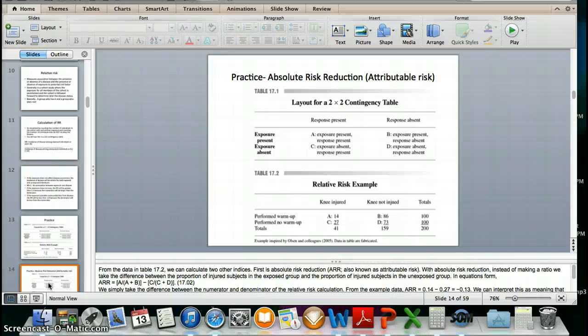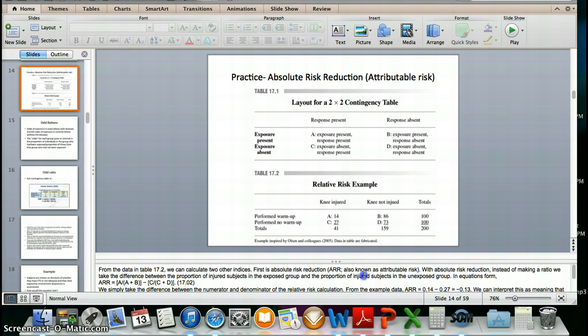We also need to know this because we need to know the difference between the numbers of relative risk. So when you're calculating absolute risk reduction, you're taking A minus C, and you're coming up with a value.